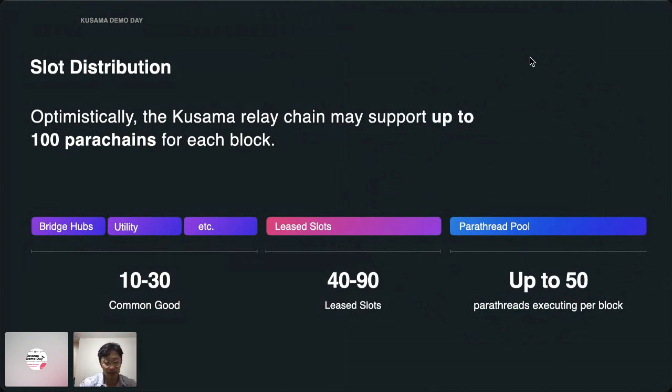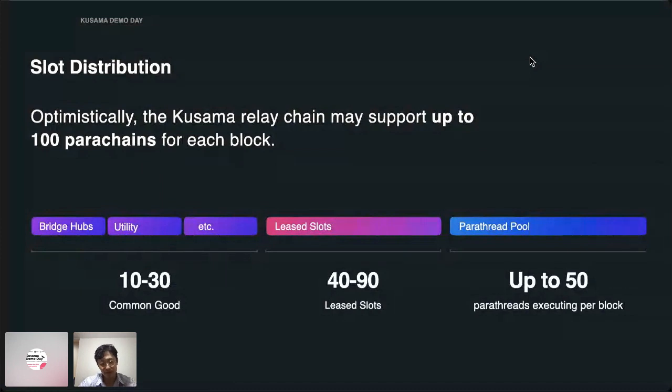These are going to be stuff like bridge hubs, like bridges to, for example, Polkadot, or to various other blockchains within the Polkadot ecosystem that might not necessarily be the Polkadot mainnet itself. It could be utility parachains, for example, a parachain like Statemine that enables various stablecoins to be minted, and other common good parachains can also be created.